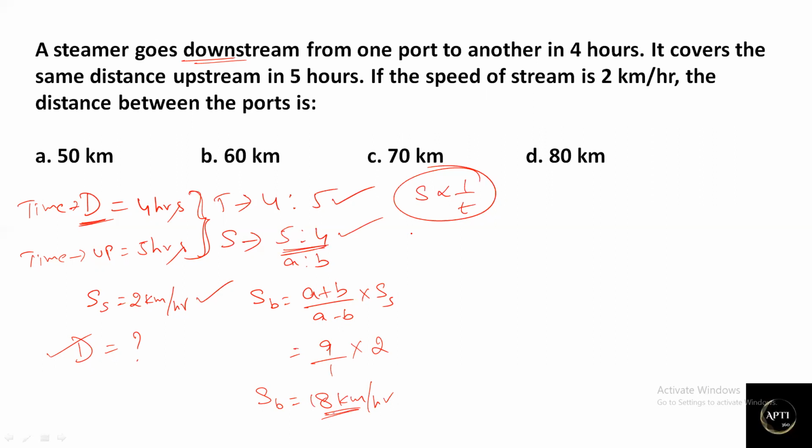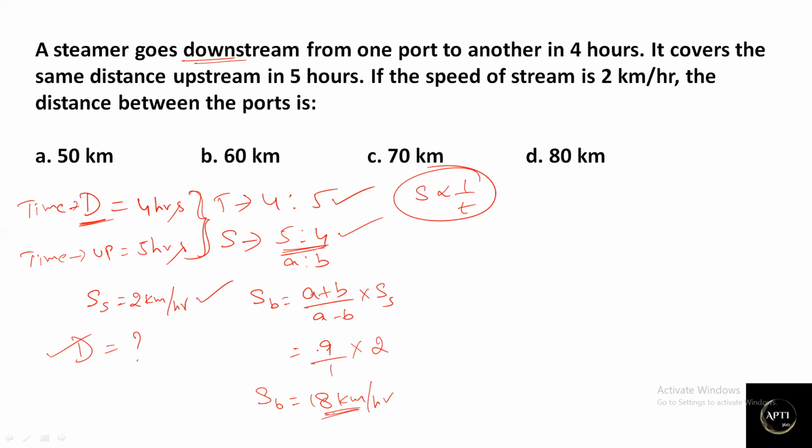Now it's very simple to find the answer. We know the speed of the boat and the speed of the stream. Now we need to find the downstream and upstream speeds. How can you find them? It's quite simple.